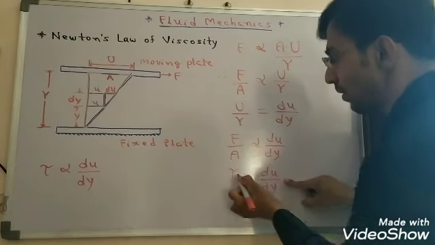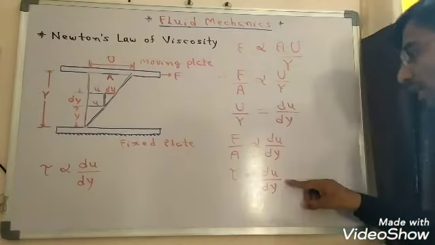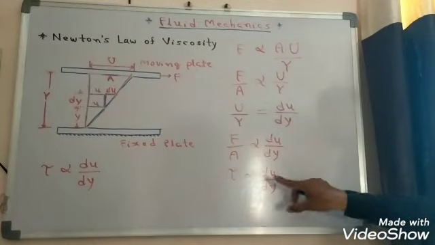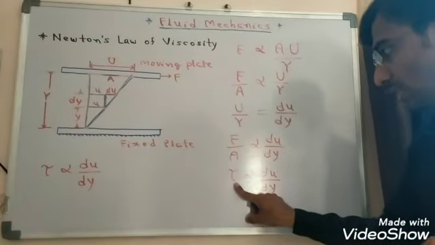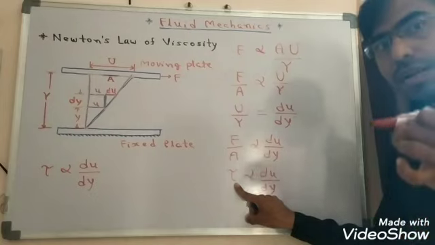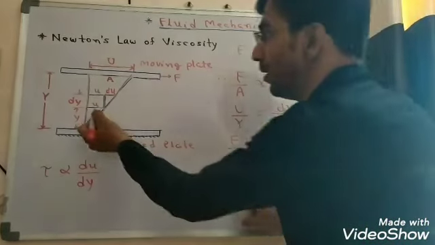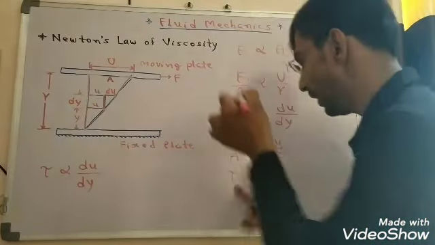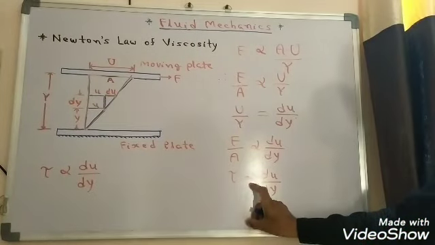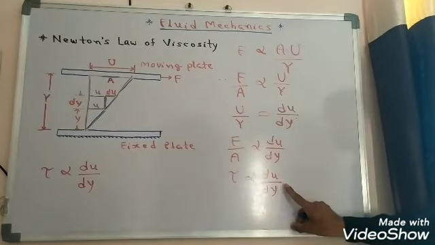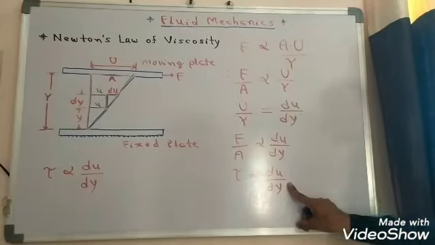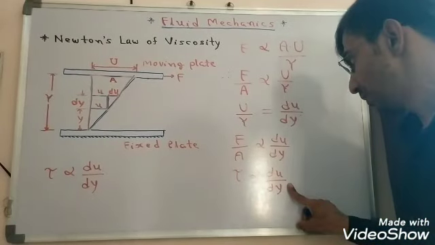So from the equation we can say that shear stress on a fluid layer element is directly proportional to rate of shear strain.